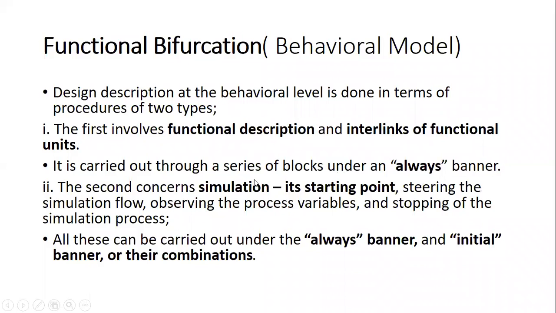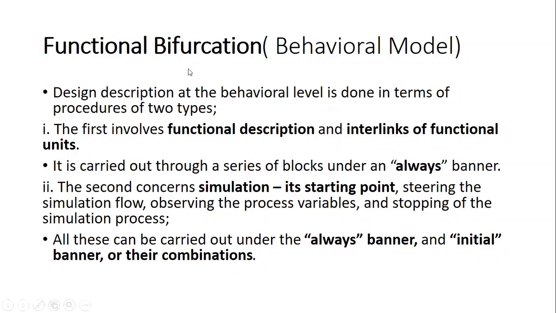Second, during simulation, we have to set a starting point, initialization, steering the simulation flow and observing how the process variables vary or how the output responds to the sensitivity list. That is known as initial.